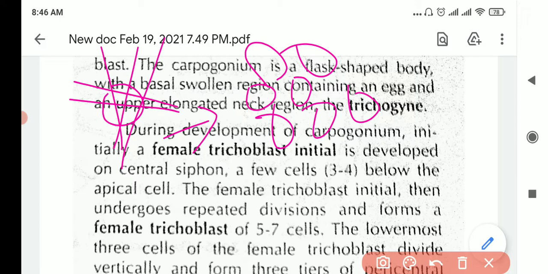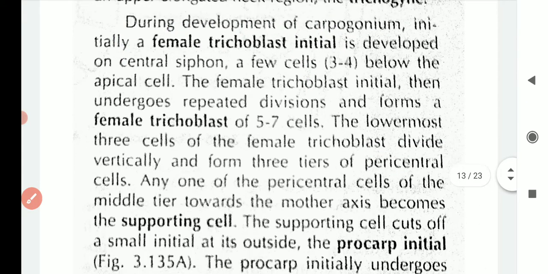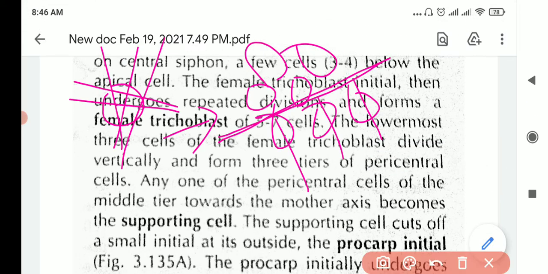Then the lowermost 3 cells, out of the 5 or 7, of the female trichoblast will divide vertically, from top to bottom.